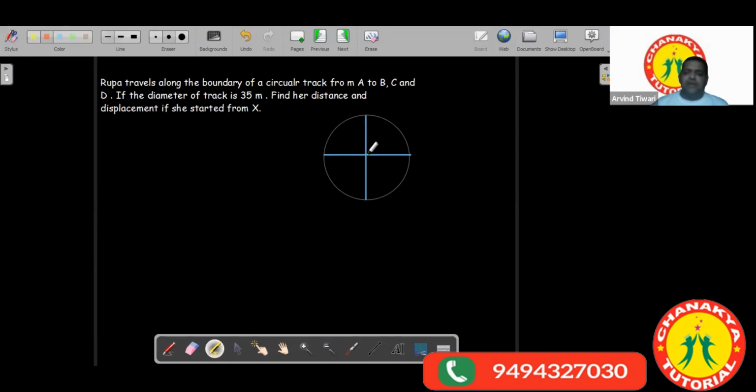So you are given the center O. Here this is your center O. Then she started from X, then A, B, C, and finally she reaches D. D is here again. So you are given everything, find out.